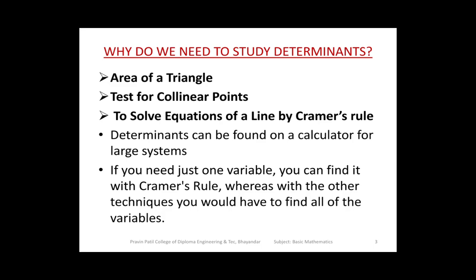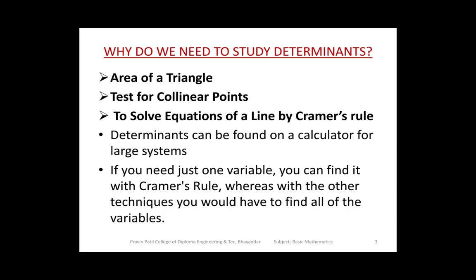You are aware that you can find the area of a triangle by using the formula half into base into height, right? But students, there are some cases where the height and base are not given.